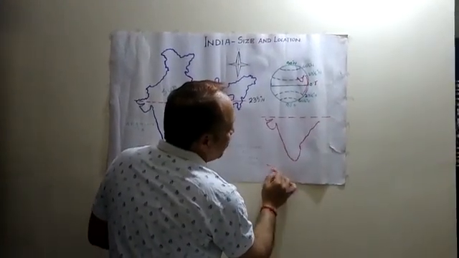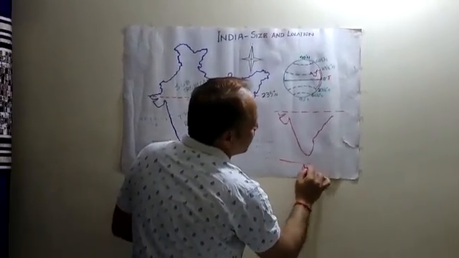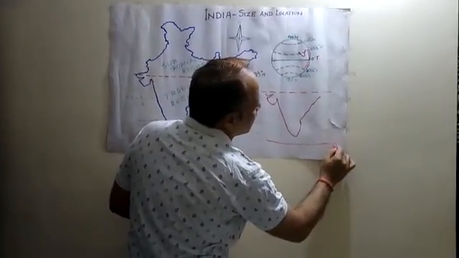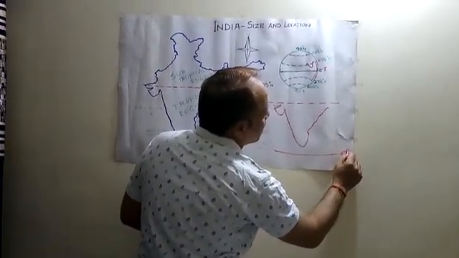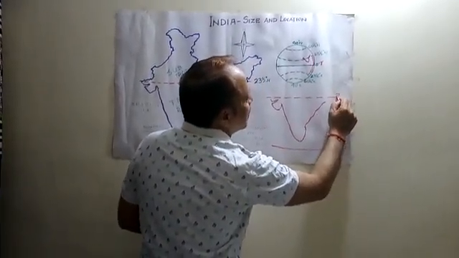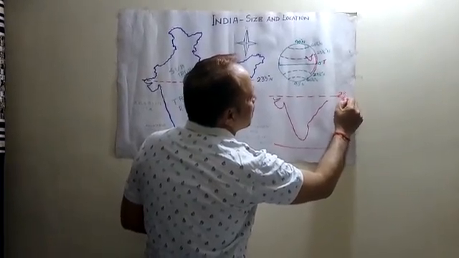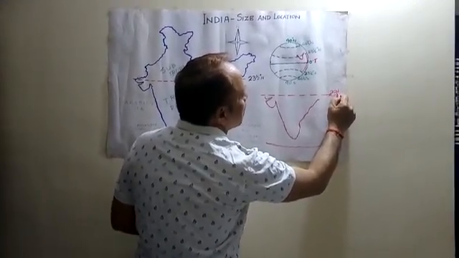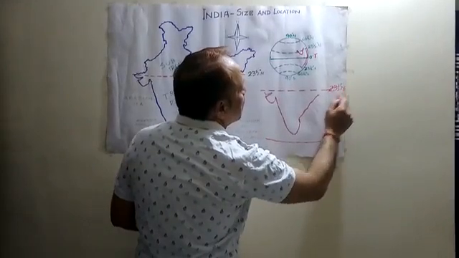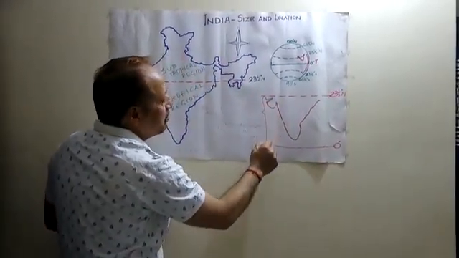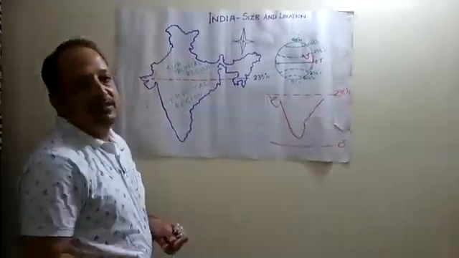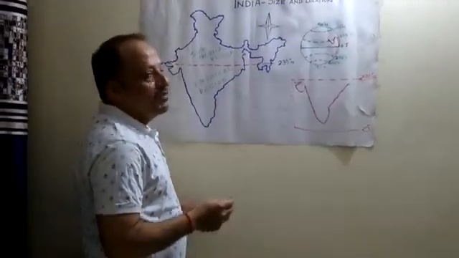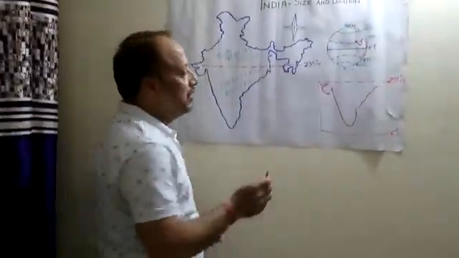And here is 0 degree equator, and here 23.5 degree north. This area we call the tropical region, which remains warm throughout the year.